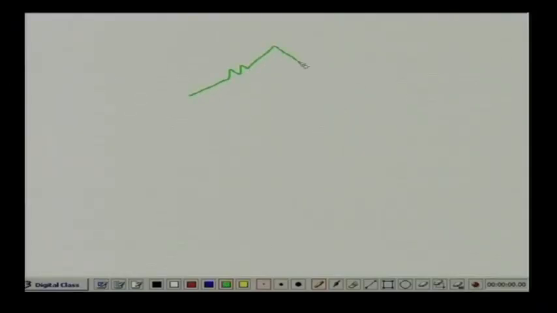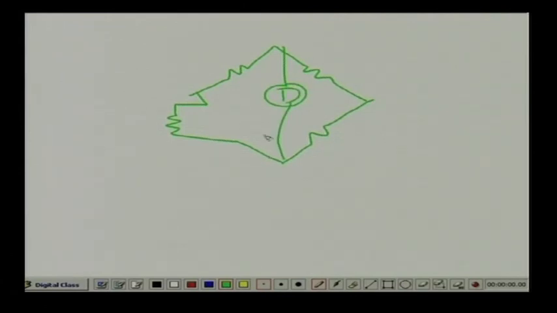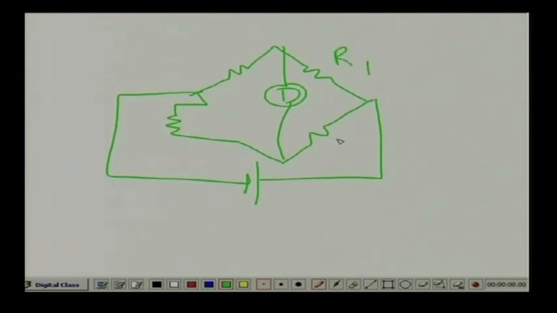Suppose I have a circuit like this, with R1, R2, this is our RT and this is our R3.